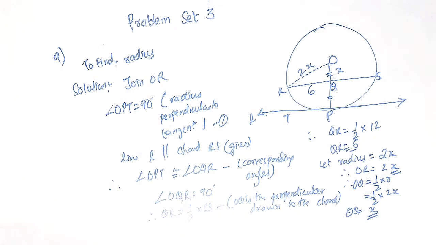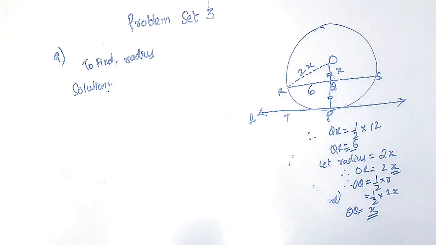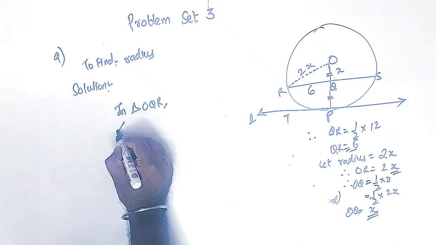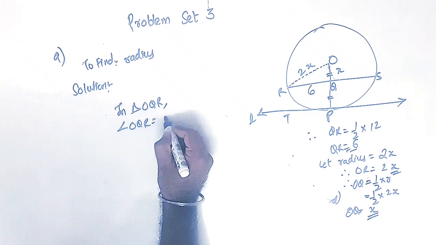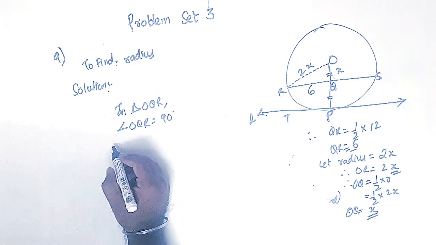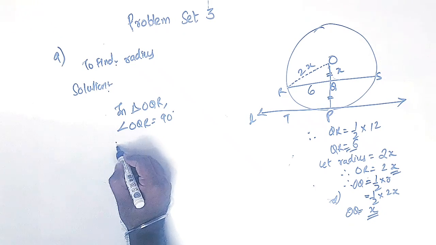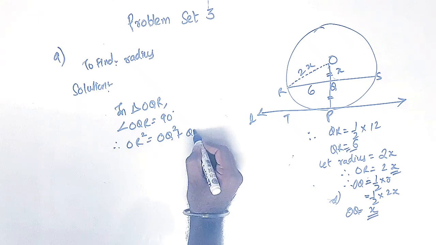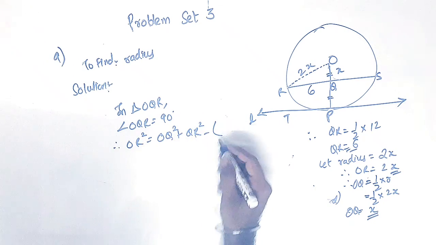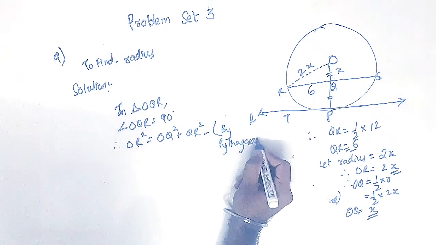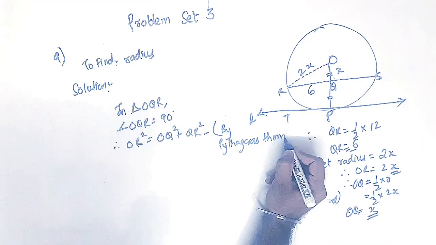So now we can easily find x by Pythagoras theorem. Okay, just a moment. So in triangle OQR, angle OQR equals 90 degrees, and therefore OR square is equal to OQ square plus QR square, by Pythagoras theorem.